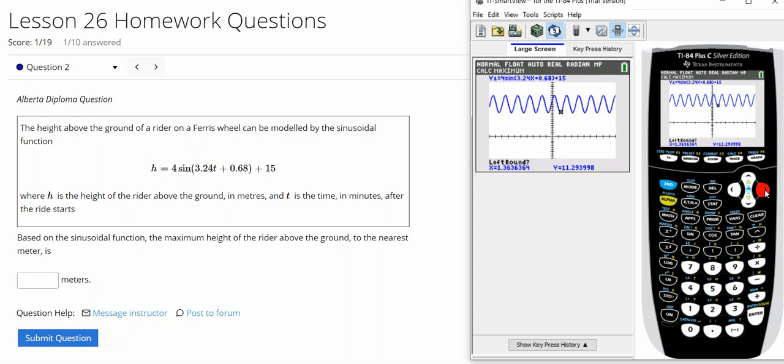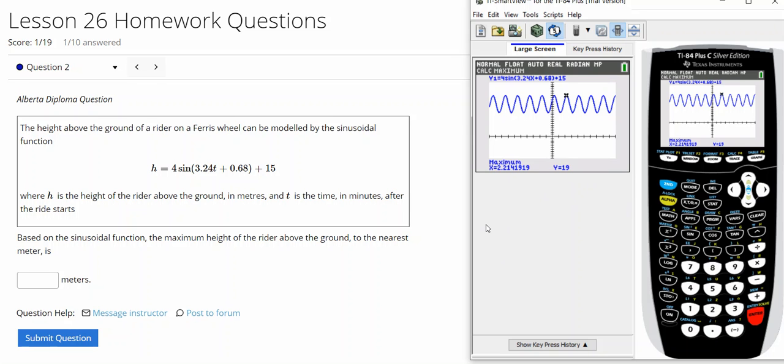The maximum height of the rider above the ground to the nearest meter. So we'll pick maybe there. It says left of the maximum, then right of the maximum, and then we'll take a guess. And we end up with our Y value, which is the one we're looking for, the height, because this is our height up and down. Our Y is 19.